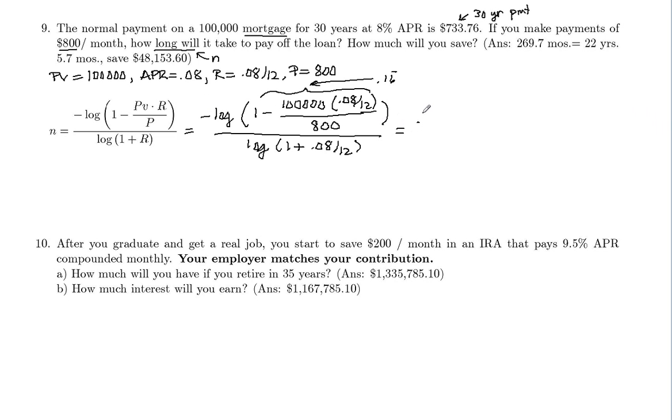If you do that for the top, you should get 0.77815125. Carry out all your decimals if you're doing intermediate answers.